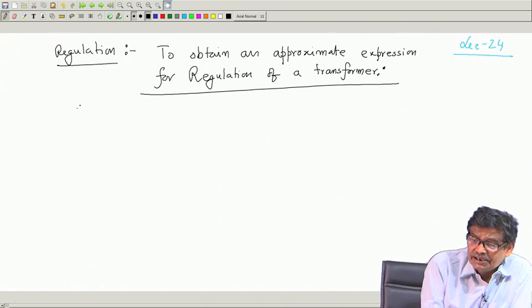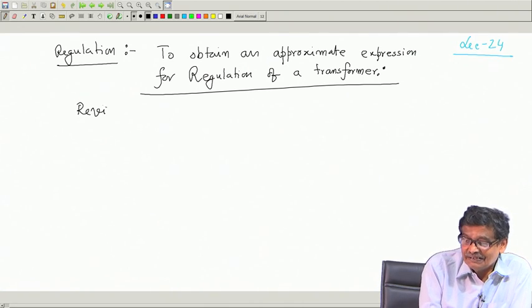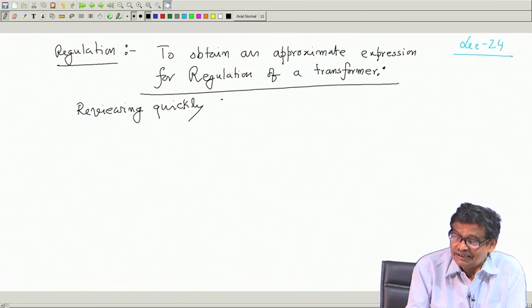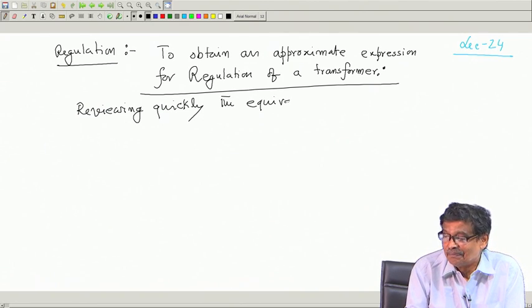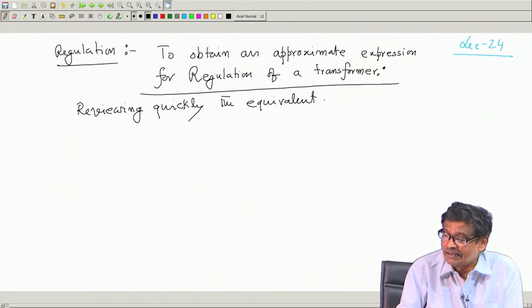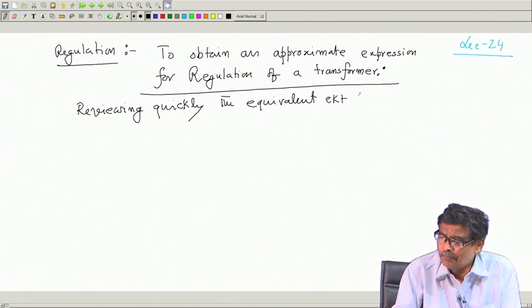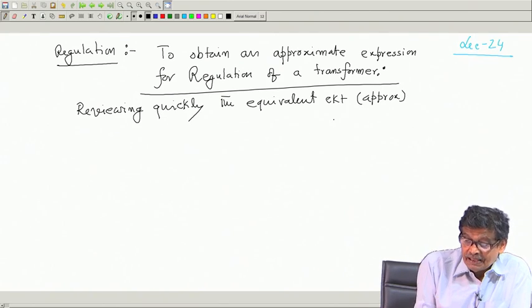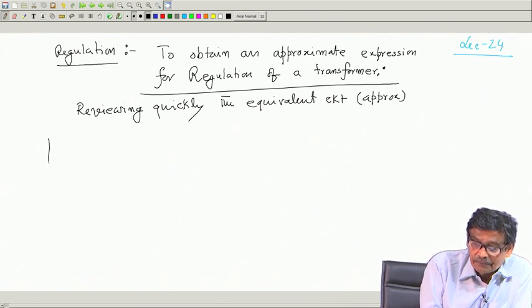So, reviewing quickly the equivalent circuit, the approximate equivalent circuit. See, this was my transformer.